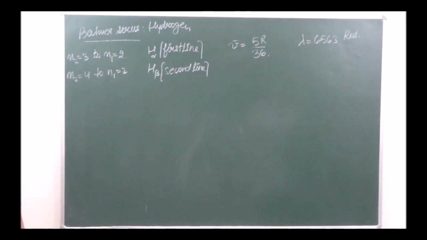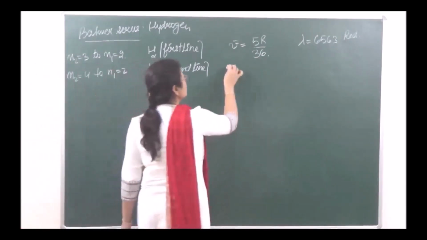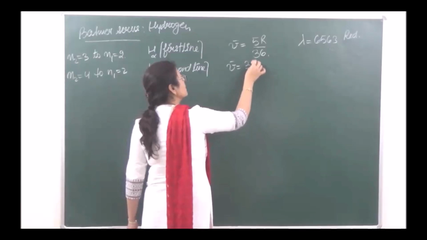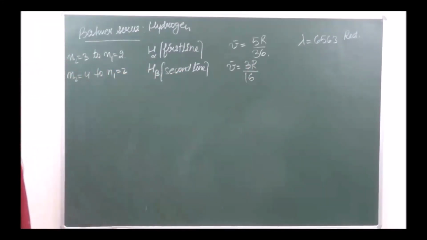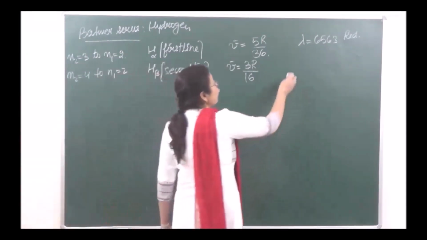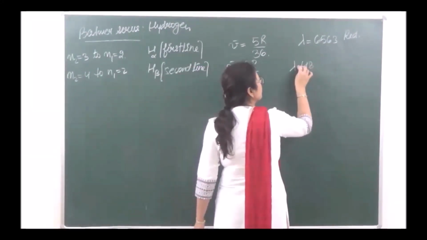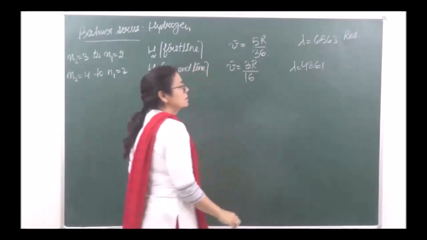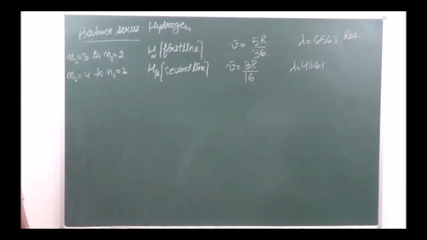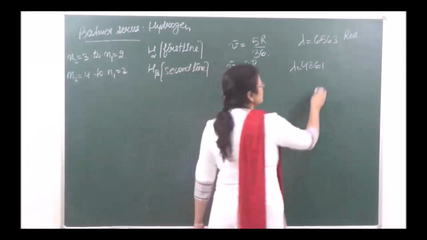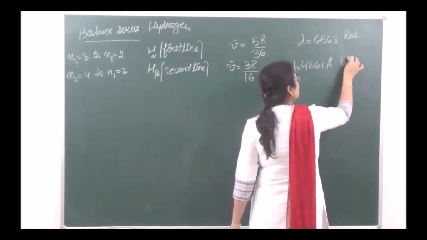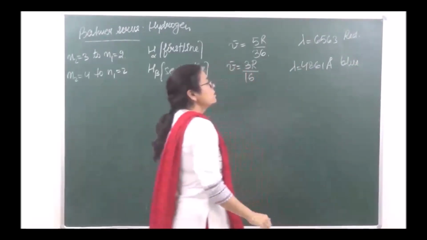For this, mu bar comes to 3R upon 16, and the lambda is of the order of 4861. These radiations are given in Angstroms: 6563 Angstroms, 4861 Angstroms, and the color which we observe over here is going to be blue.